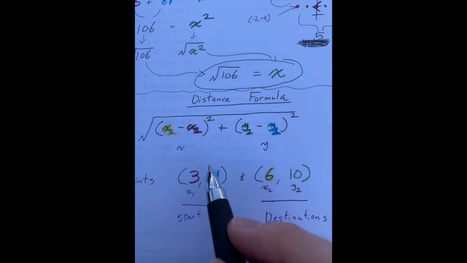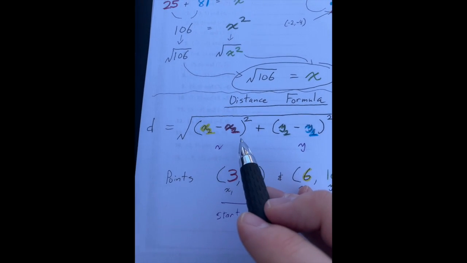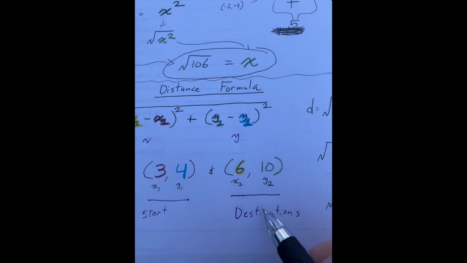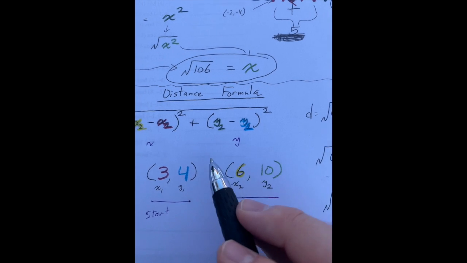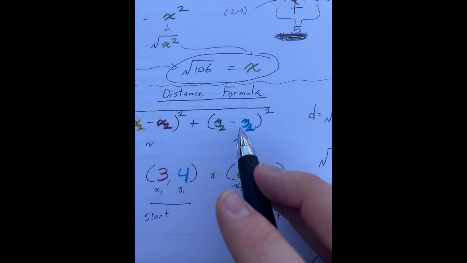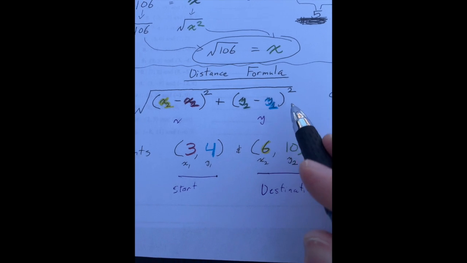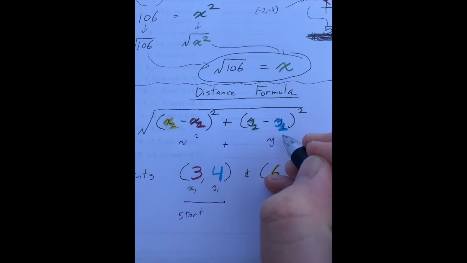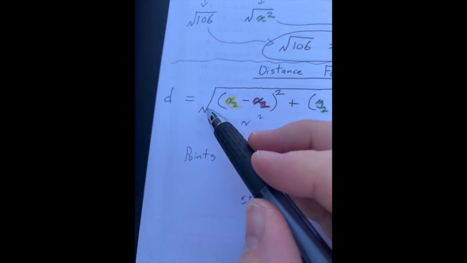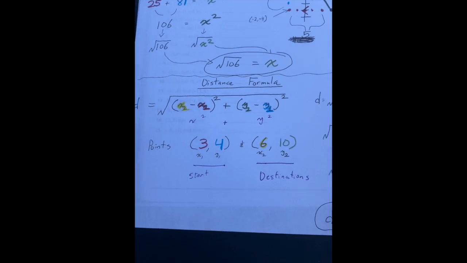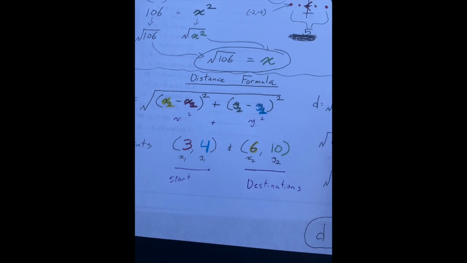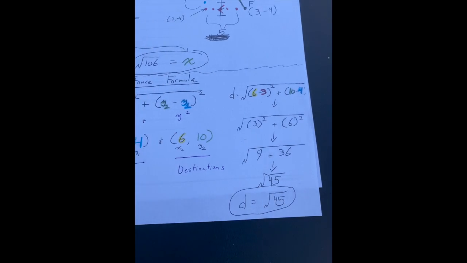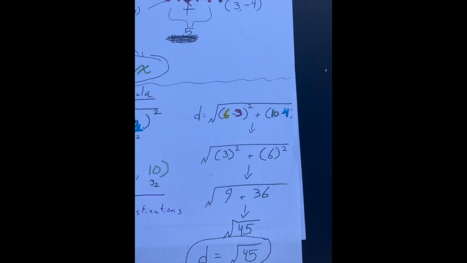So x minus x, do that difference and then square it, and then the y's, destination, start, subtract that, square it, add them all up, and then you're going to square root the whole thing. So hopefully you guys have a square root function on your calculator to find that. But again, I already did the math over here for you.